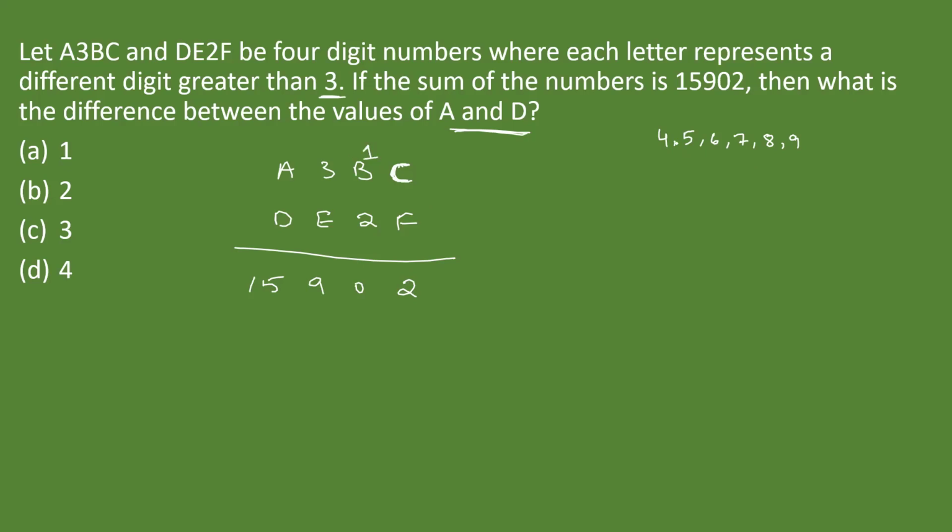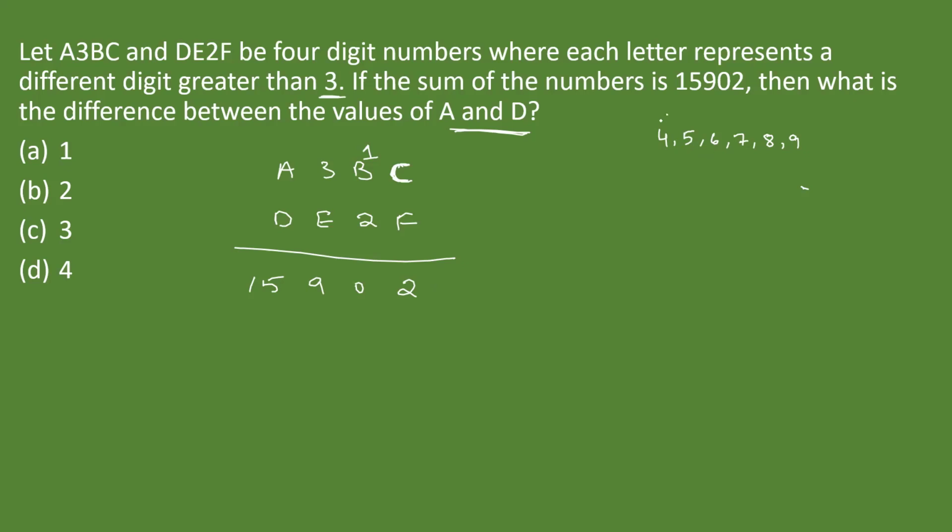If you add any 2 digits, we should get a number greater than 10 and less than 20. Tell me by adding which 2 numbers we will get 12 in this case, 2 at the units place, or overall 12.